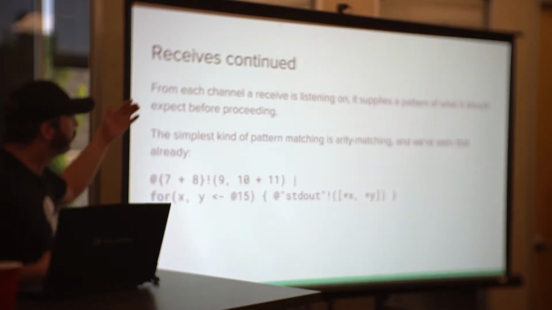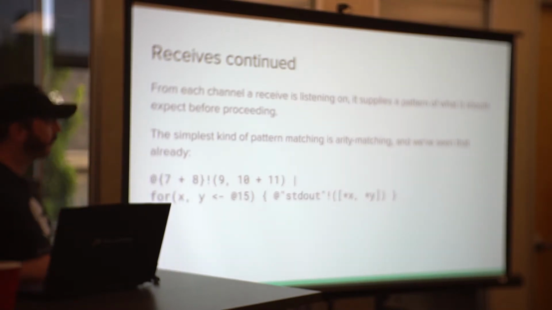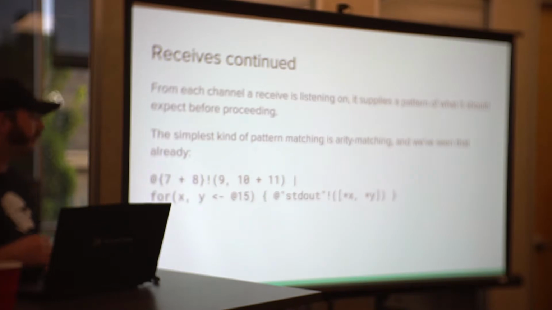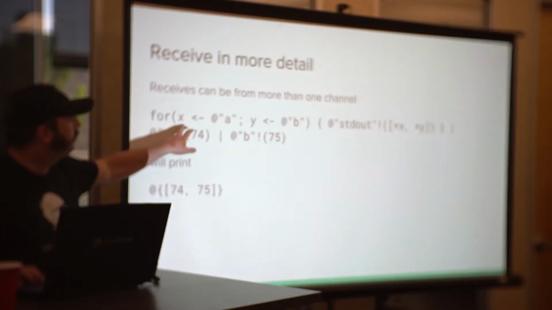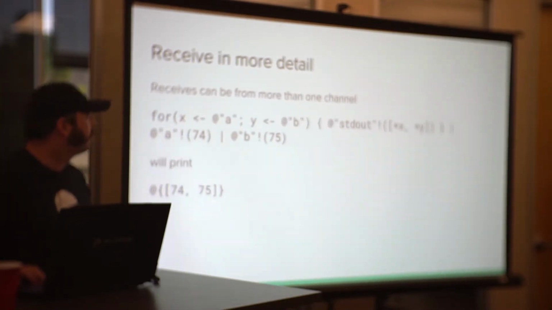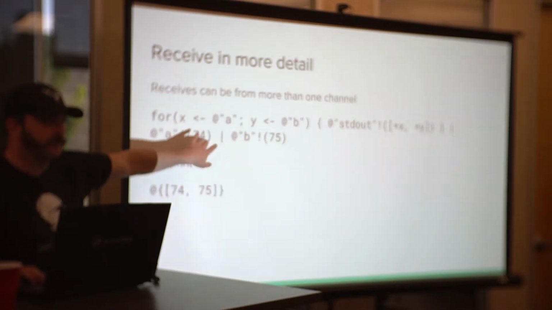All right, so the receives are a little bit more complicated than sends, so there's some more information. Oh yeah, that's because of patterns. So in general, it's been looking like, well, we can get a variable from a receive and we send a single thing.